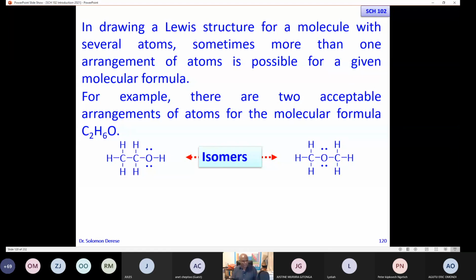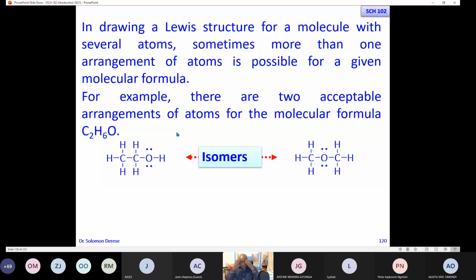All you know is it has got 2 carbons, 6 hydrogens, and 1 oxygen. Then you play around with it in the laboratory and you determine it to be an alcohol. Okay? So you have these possible structures, but since the experimental data you have indicates this molecule to be an alcohol, you will just say it is this one.